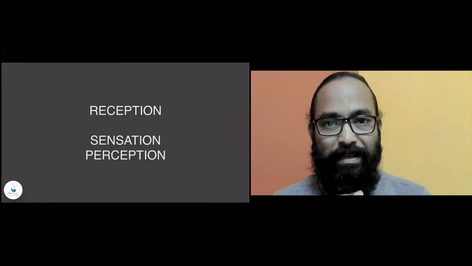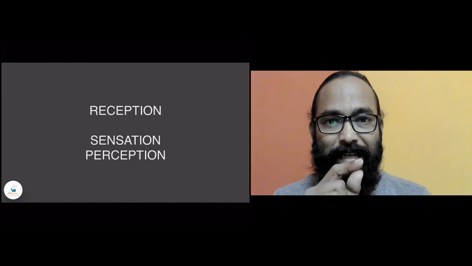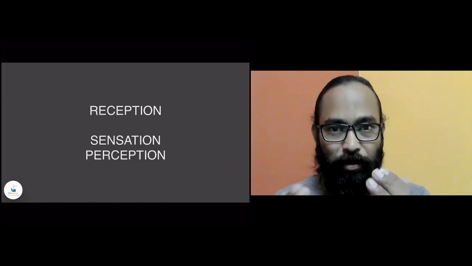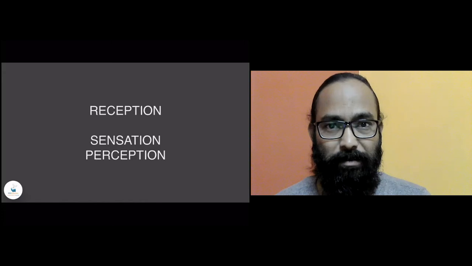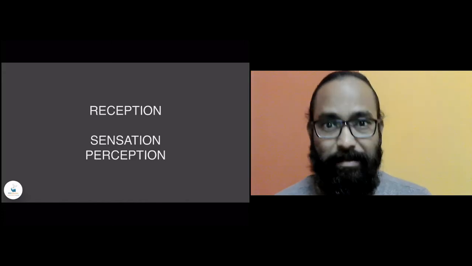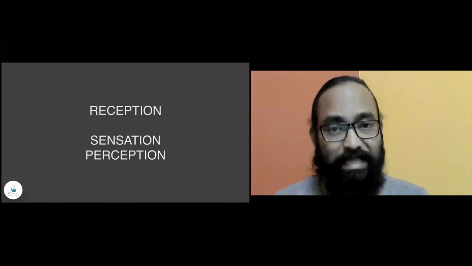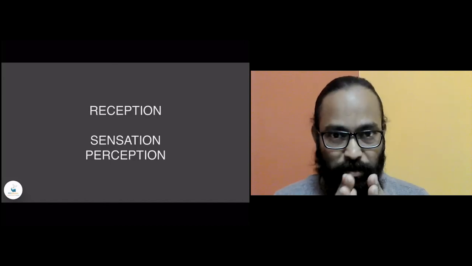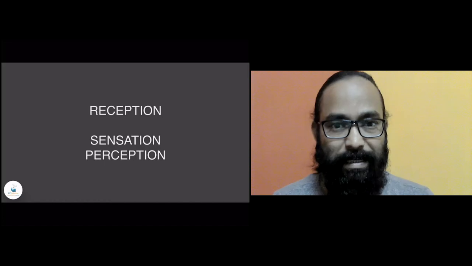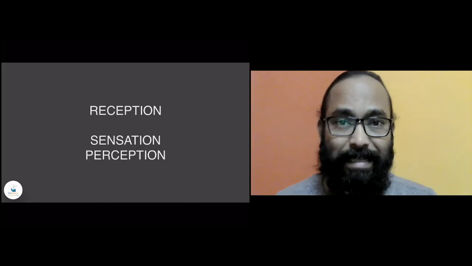Now, reception is the physical start of anything in our life. When we receive any information, that information may be tendency based or mixed, we'll understand that. So that is received first. You need to understand step by step. One is this reception of the physical entity, then the sensation of that received entity.